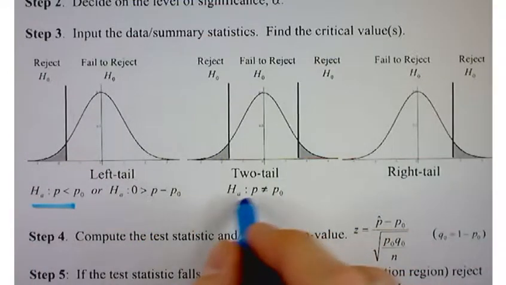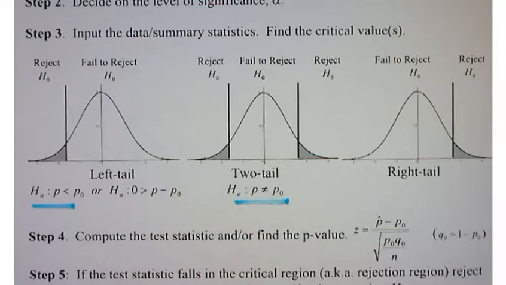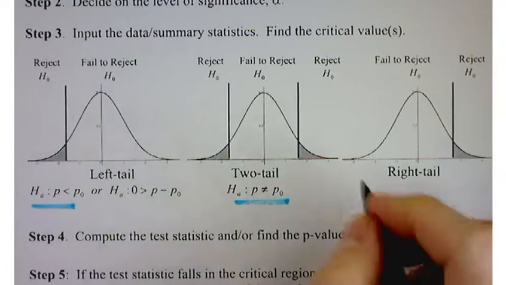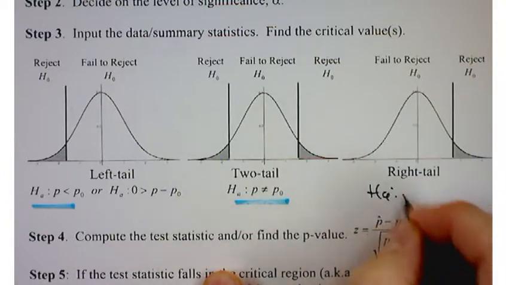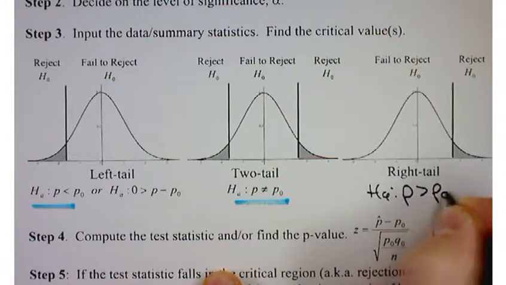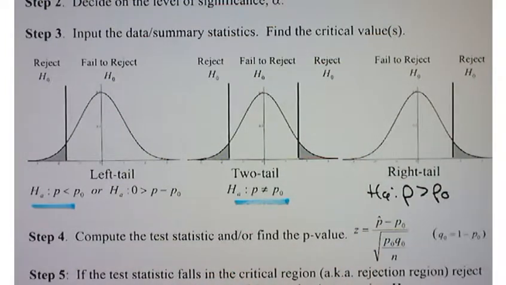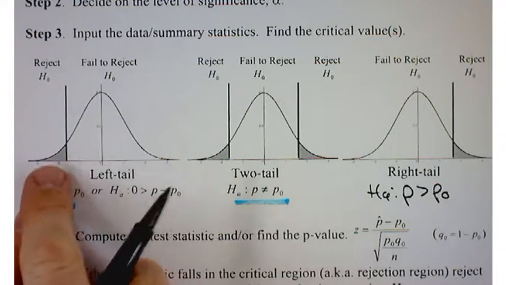If it's that P is not equal to some value, it's going to be a two-tail test. Or, HA could be that P is greater than some value, in which case it's going to be a right tail test.